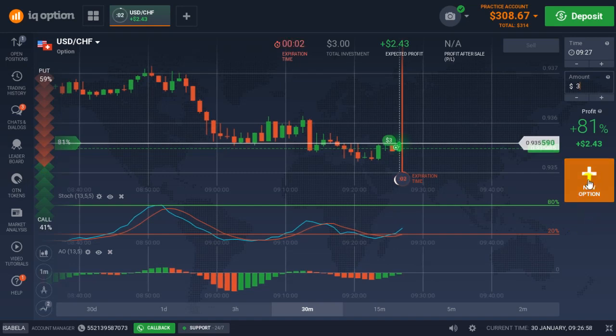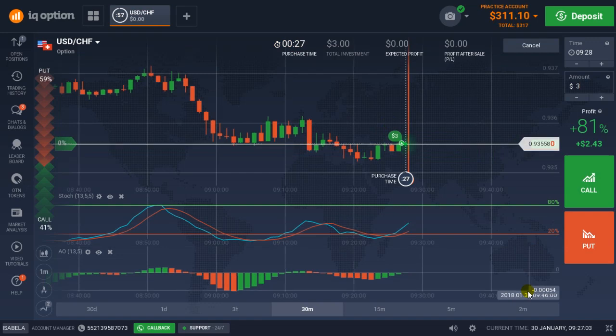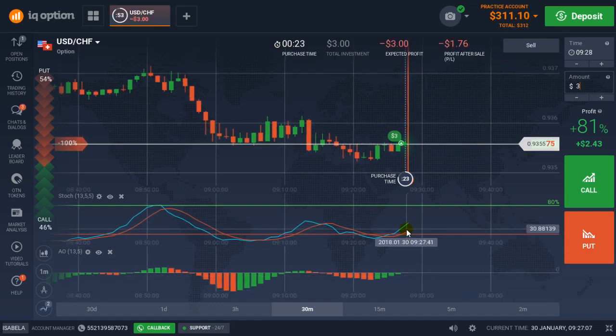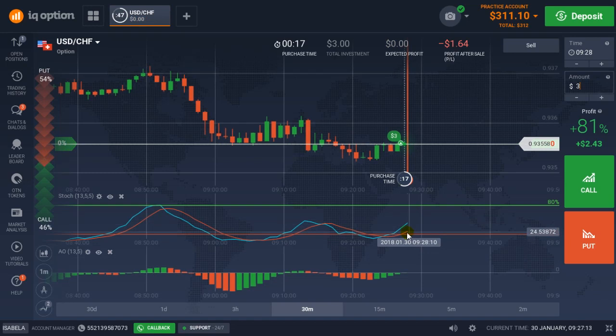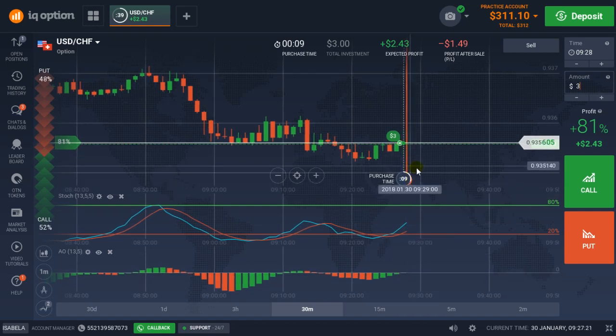Now I'm going to get into another call trade. Everything is showing me go, so I've already clicked on the call. Nice separation, main shooting up, this one shooting up, green bar, although very slightly, can only slightly see it, but that for me is enough to get into a call trade.